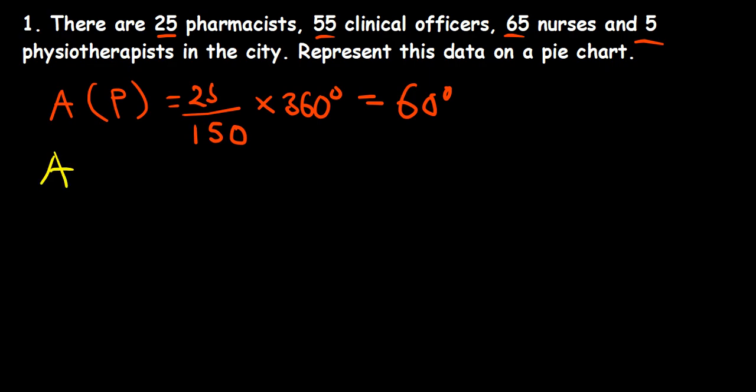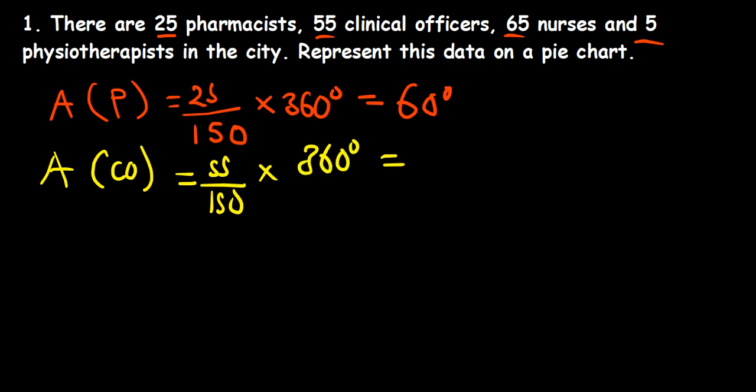The angle for clinical officers, represented by CO, is equal to 55 divided by 150 multiplied by 360 degrees. Punching this into our calculators, it gives me 132 degrees. That's for clinical officers.